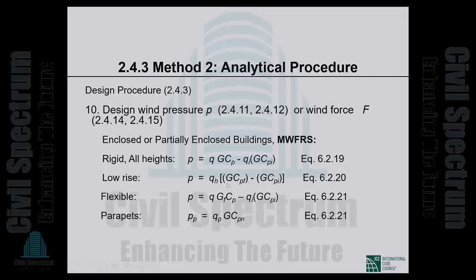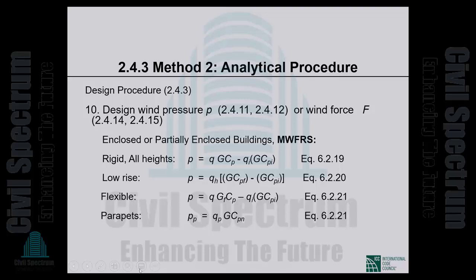So between here and here, the difference is Q for all external pressure, including external pressure on the windward face, is now Q sub H. And the Q sub I is also Q sub H. And in the external pressure term, there is no separate G and C sub P. It is G times C sub PF. Okay. So on and so forth.